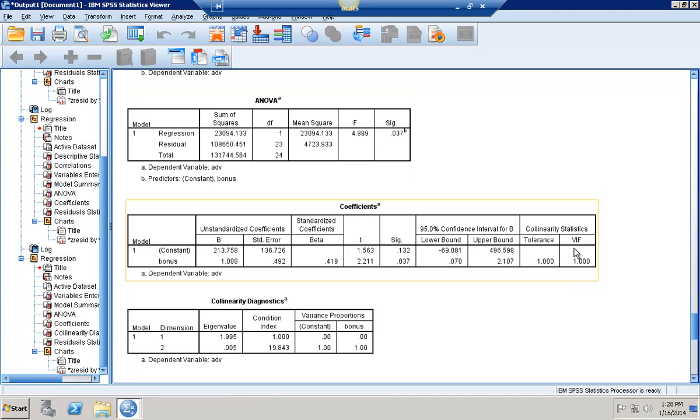I would definitely have a problem if any individual VIF, like this individual one that I just calculated between advertising and bonus, is greater than 10. In general, some people will say if it's greater than anywhere between 3 and 5, it probably indicates a problem. There's also a problem if the average VIF is considerably larger than 1.